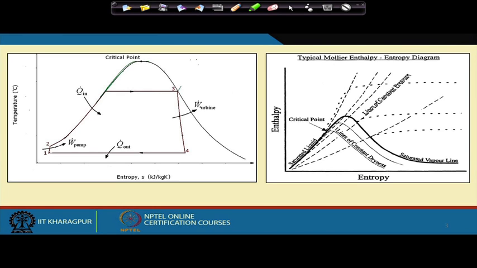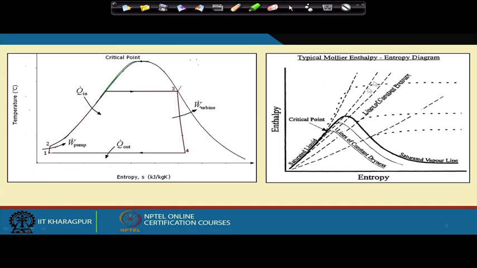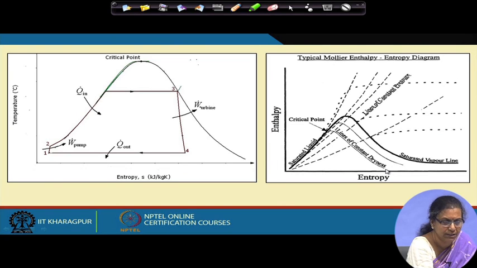The importance of the Mollier chart is, first, it can be plotted on an elongated scale, and here you find the isobaric lines, the isothermal lines, and the lines of constant quality.